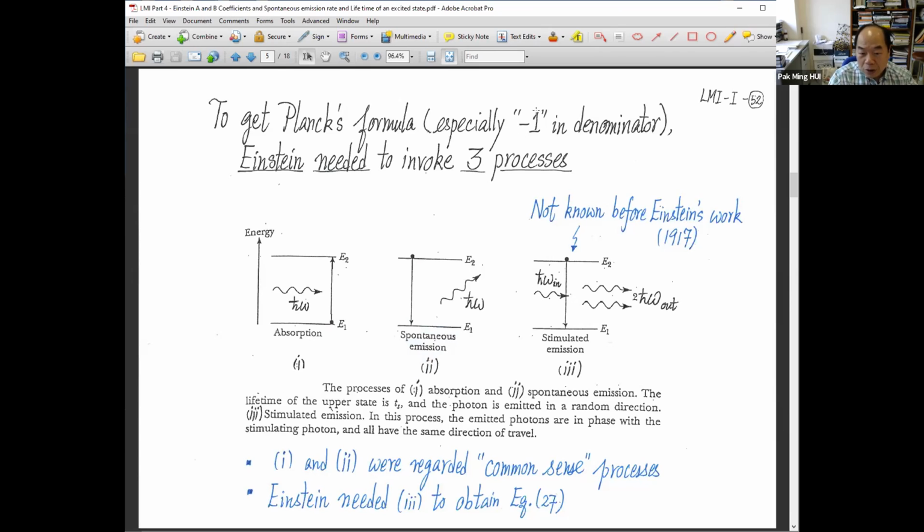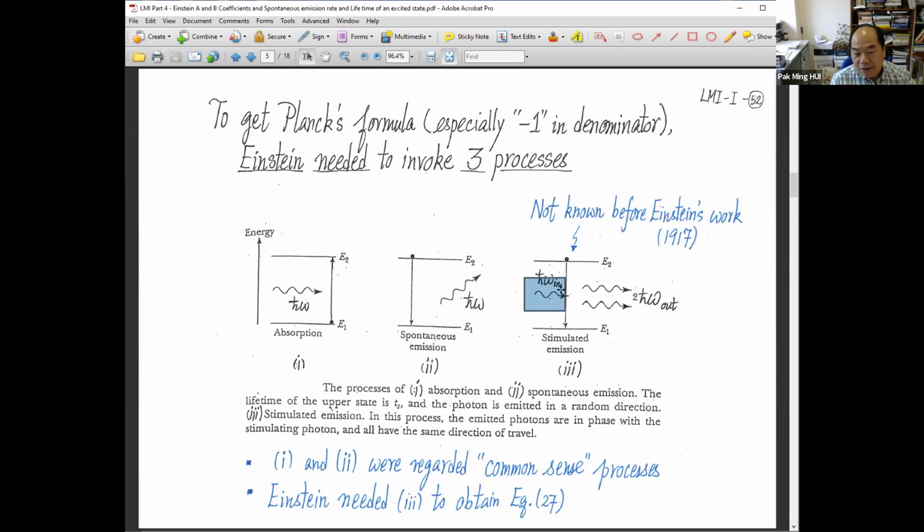But in order to get this -1 in the denominator, Einstein had to propose a new phenomenon. That is called stimulated emission. Okay? He said there should be a possibility of the following process.